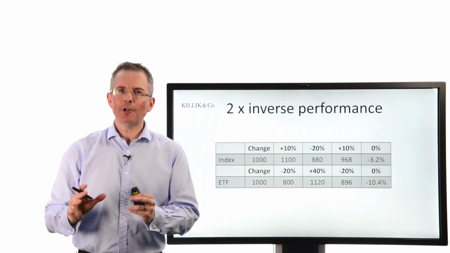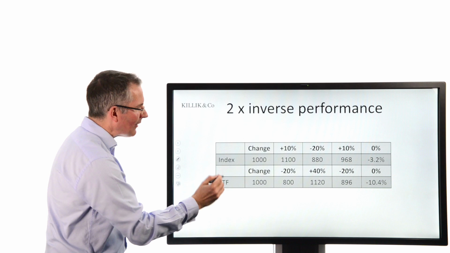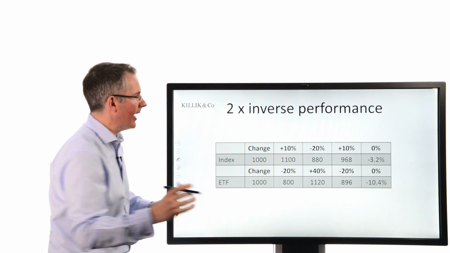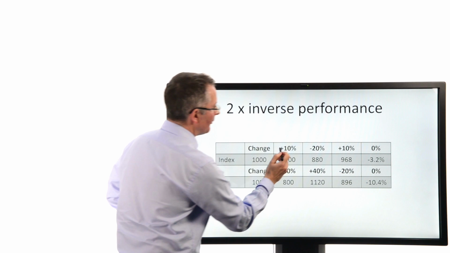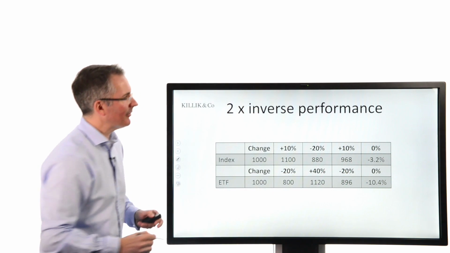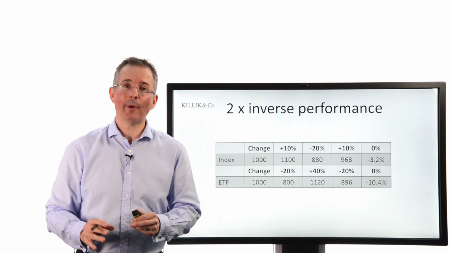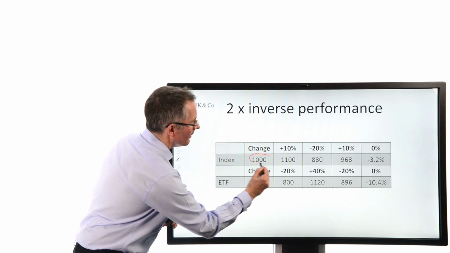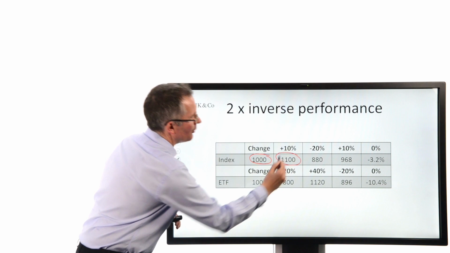A couple of points just to finish off this video. First of all, let's take a situation where the index, it could be the FTSE 100 for argument's sake, goes up over 3 periods. It goes up 10%, then down 20%, then up 10%. So if you're just looking at percentages, it should be flat, but that's of course not the way the maths works. All right, so there's the index. Up 10% from 1,000 would be 1,100.